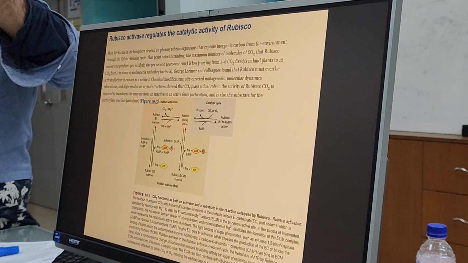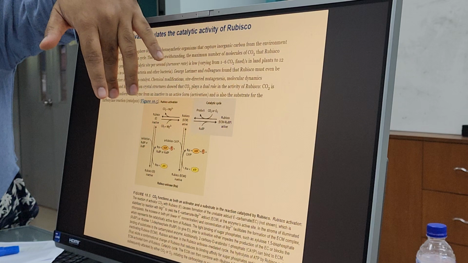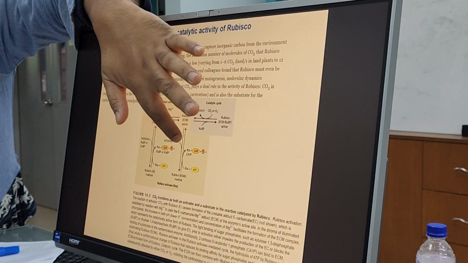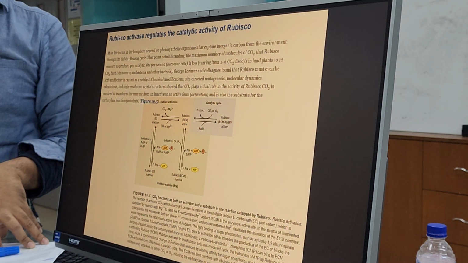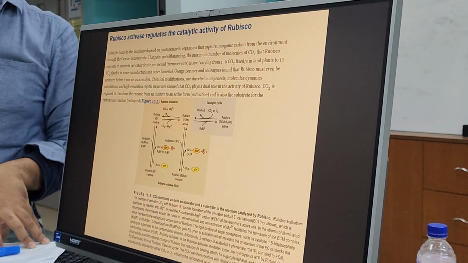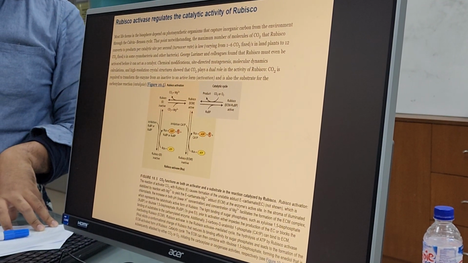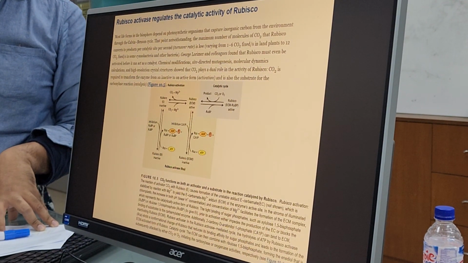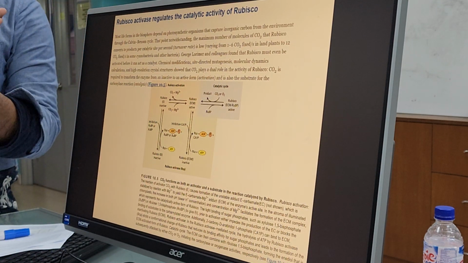The function of Rubisco activase is actually to remove the sugar and to reverse this effect of CA1 protein. However, if the CO2 and magnesium are not present, Rubisco is still not getting activated, right? So fulfill the requirement first.